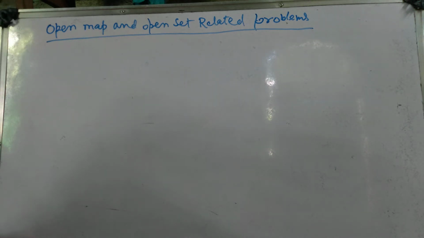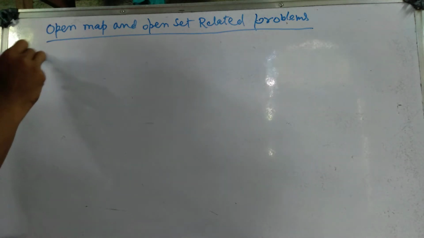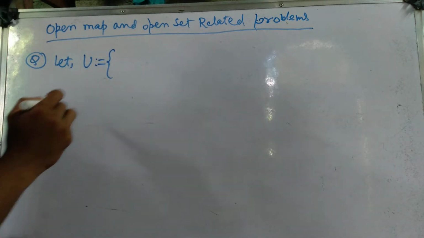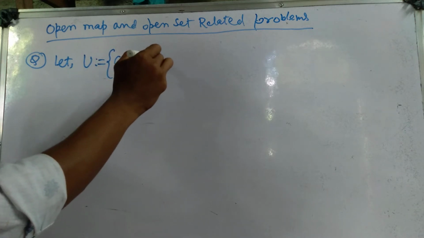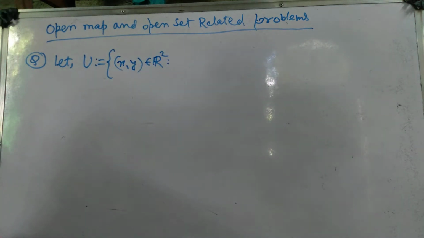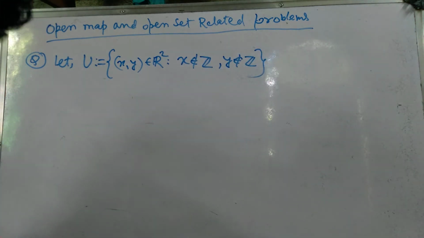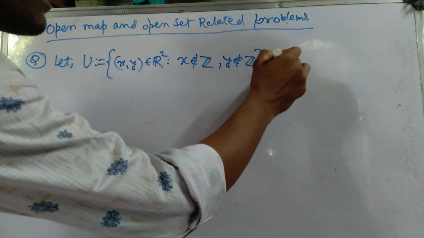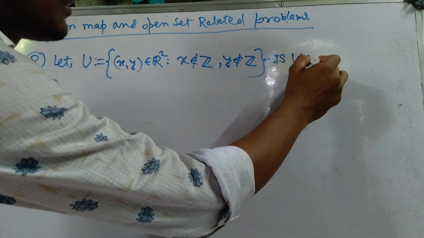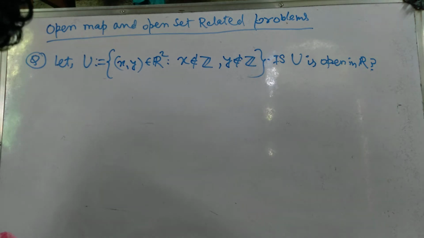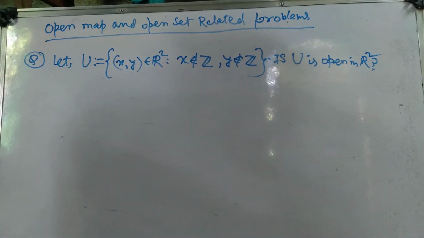Questions: Let U equal to the set of (x, y) belonging to R square such that x does not belong to Z and y does not belong to Z. Each U is open in R square.